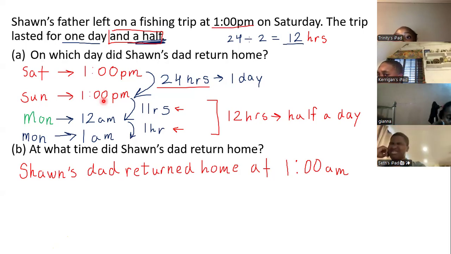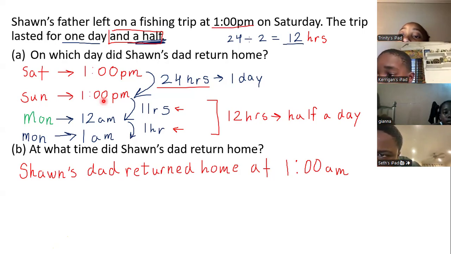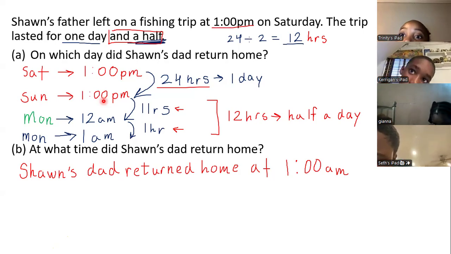Saturday at 1 p.m. to Sunday, that's 1 day, which is still not 1 day and a half. So from Sunday at 1 p.m., we add 11 hours, which leads us to Monday at 12 a.m. And then we add the last hour, which leads us to Monday at 1 a.m.